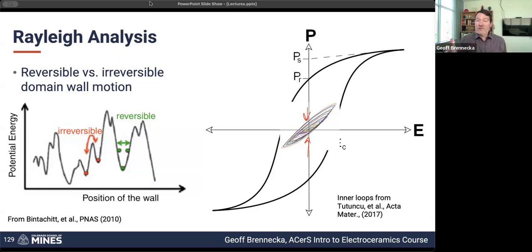Maybe that's free electrons that are charge carriers that are just sloshing around, and that's loss. Maybe it's domain walls that are actually moving a little bit, just like we're seeing here. And so if this was completely reversible, that would be a perfectly straight line. The fact that there is some width to it means that there's some irreversible contribution. And so we can quantify all of that.